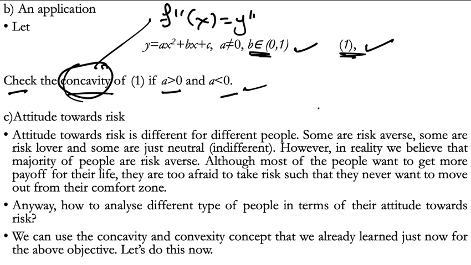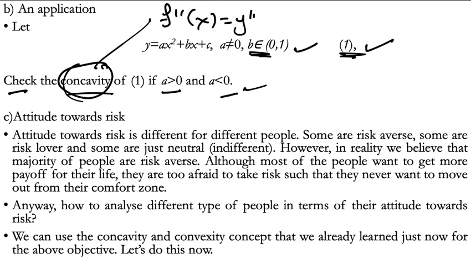Next, we're going to look at the economic application of the second derivative. There are a lot of economic applications of the second derivative, but this time we're going to look at the attitude towards risk. Different people have different attitudes toward risk.